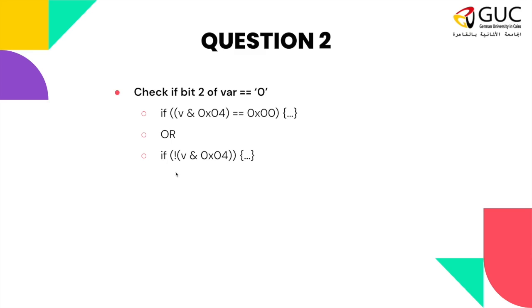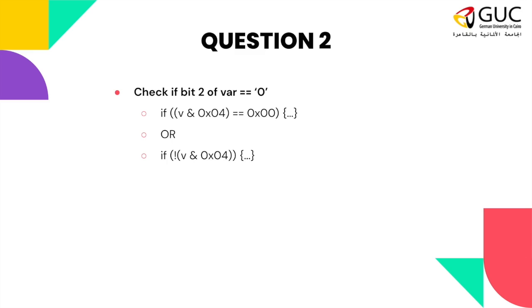This exclamation mark represents the negation or the complement. Okay? So I'm trying actually to flip the result. If var ended with 0x04, when will this condition be true? When will var ended with 0x04 be true? If at least one of the 8 bits is 1.